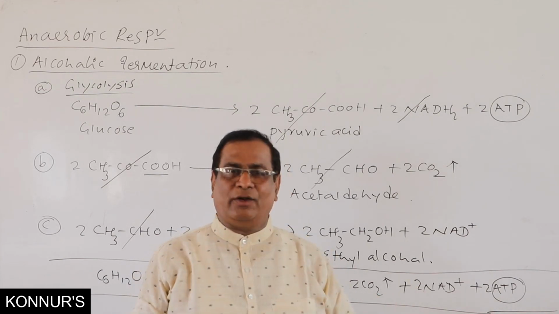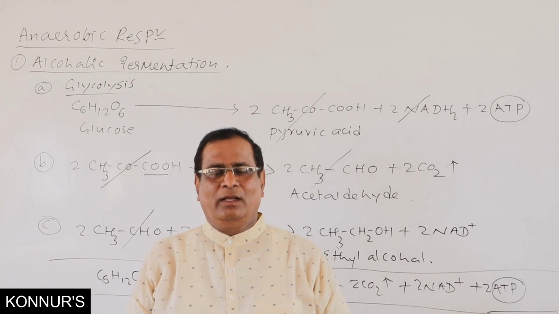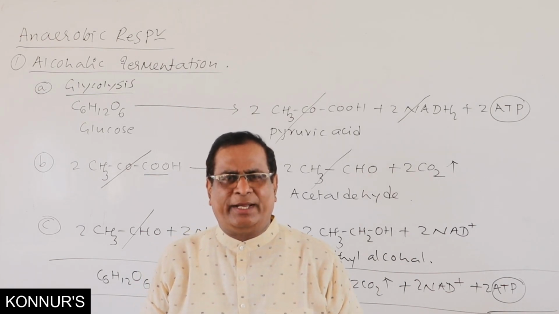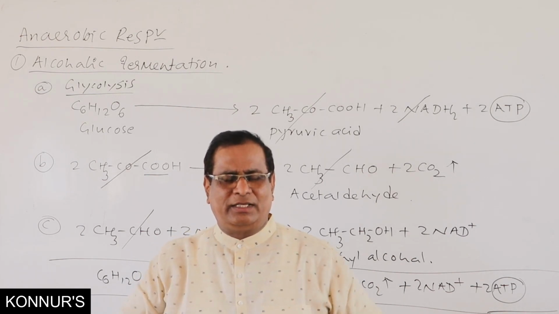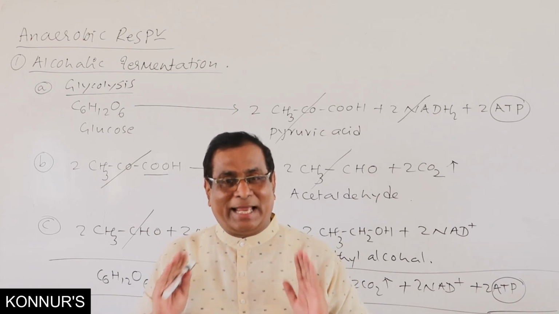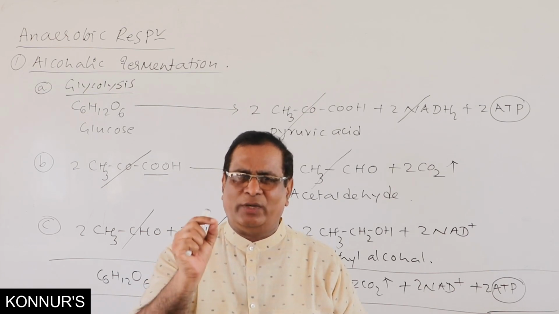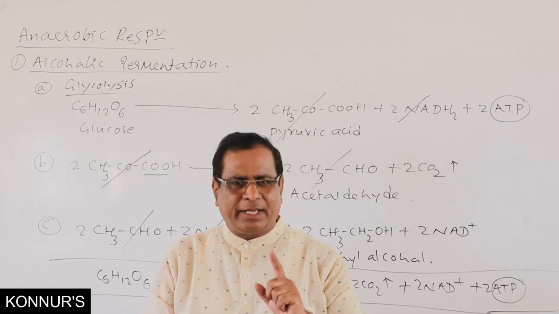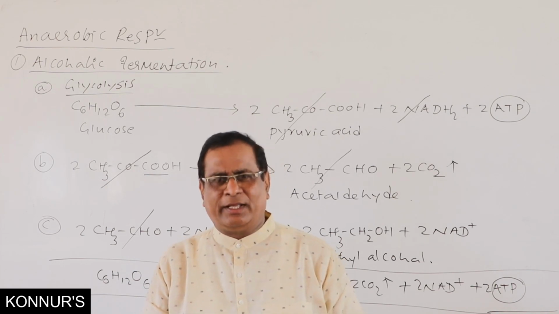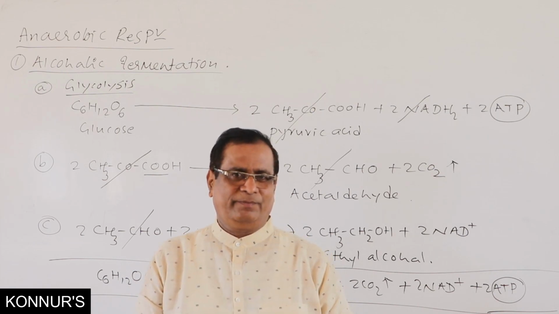That's all. Net gain of energy in anaerobic respiration, whether it is alcoholic fermentation or lactic acid fermentation, is just 2 ATPs. The net gain of energy in aerobic respiration is 36 ATPs.